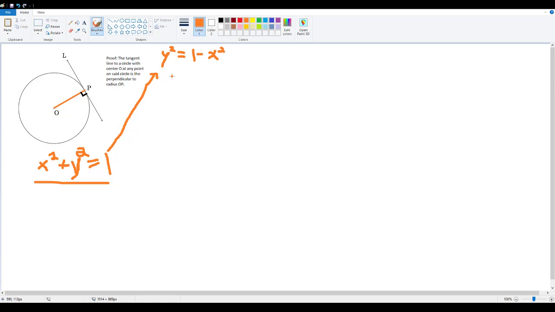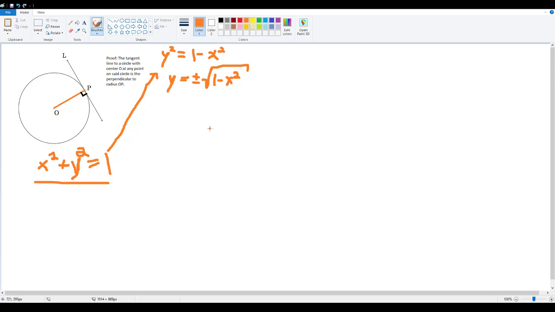And then we're going to take the square root of this on both sides. So y equals plus or minus square root of 1 minus x squared. Okay, and this ends up being the equation here.